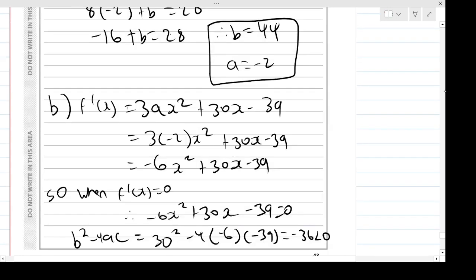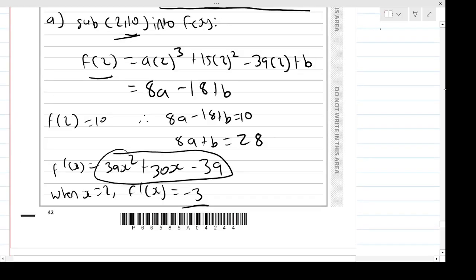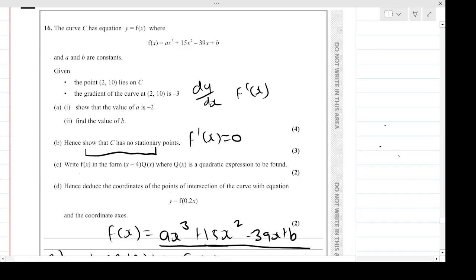Part C. Quite a long question this is. Part C, we need to write f of x in the form of x minus 4 and q of x. And this q of x is a quadratic expression.